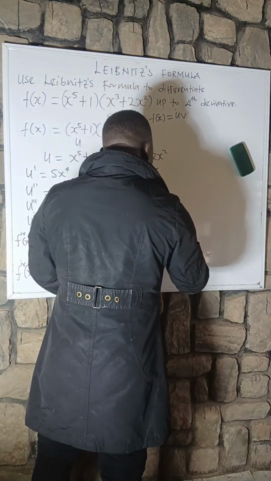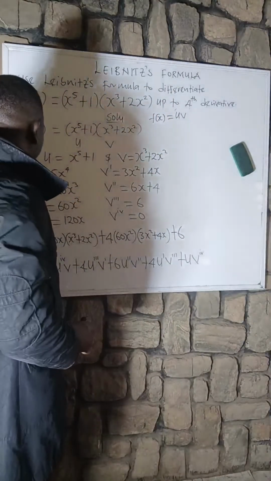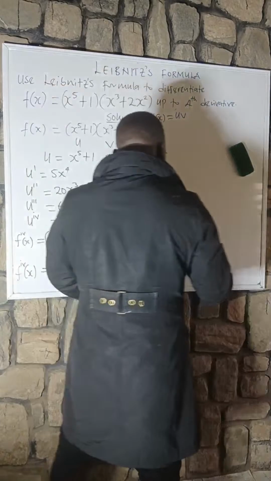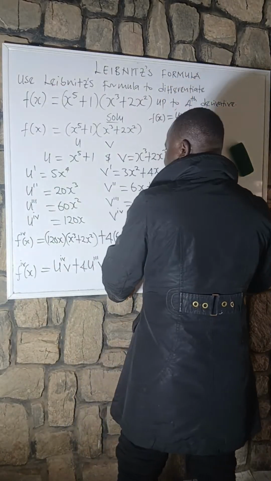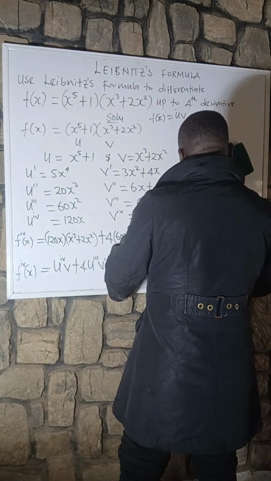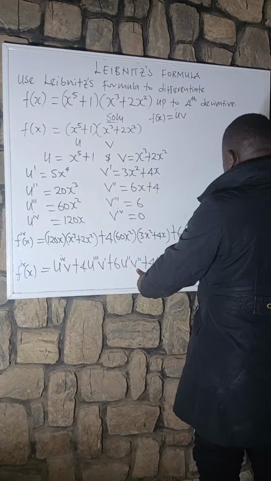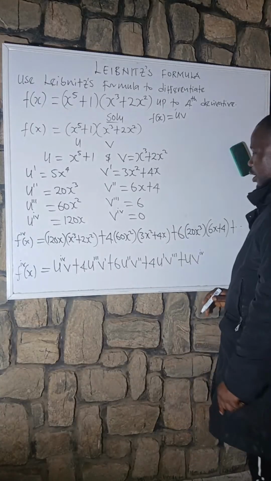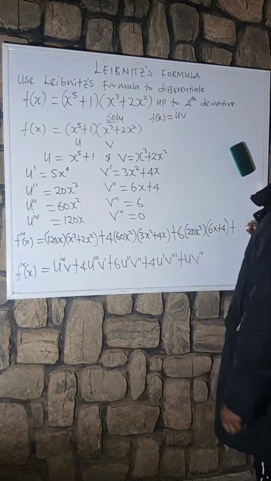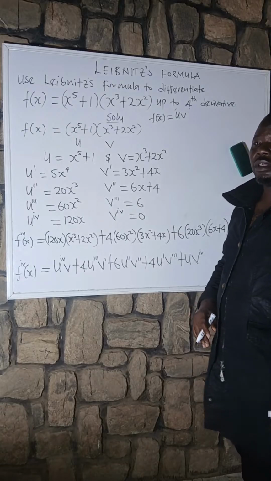Plus 6 times our u'' is 20x raised to the power 3 times v'' is 6x plus 4. Then this is what it will just continue like that to this point.